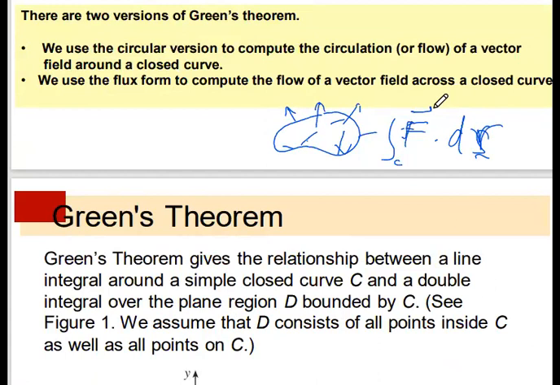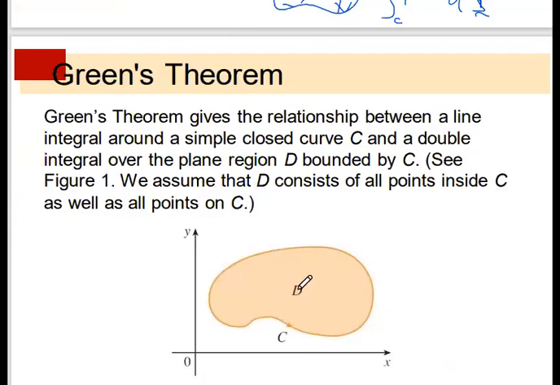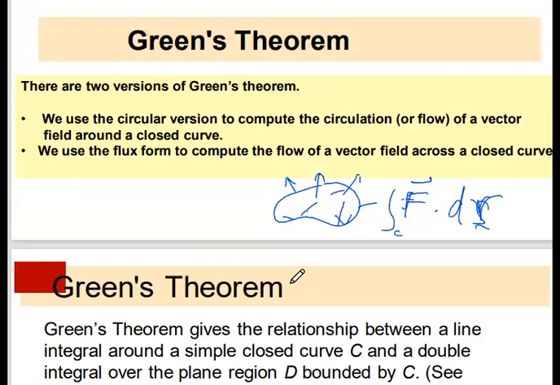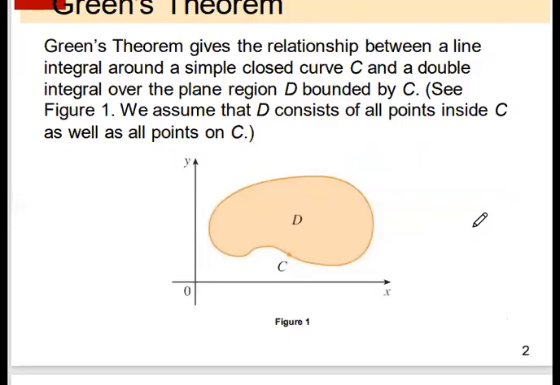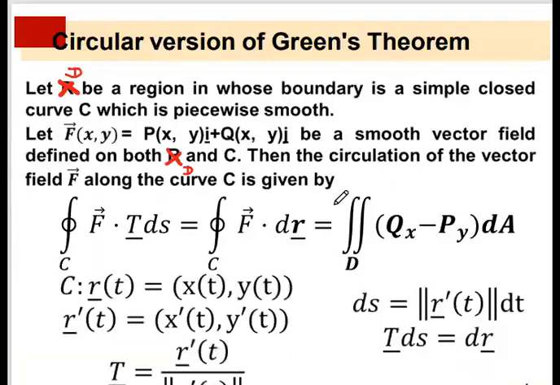Without computing this, if your domain is simply connected, you can apply Green's theorem, which is the same as this double integral. Without computing this line integral, you can compute this double integral. Sometimes it is easier to compute the double integral than the line integral.